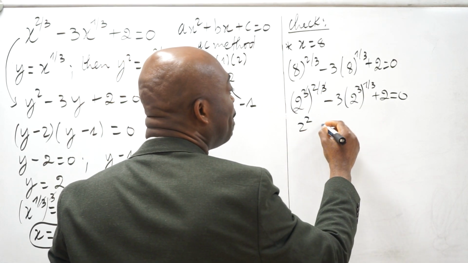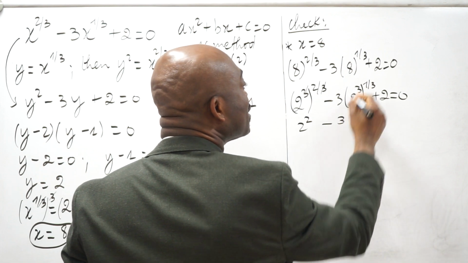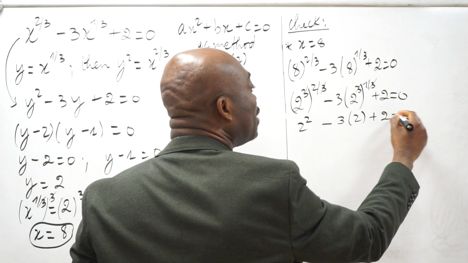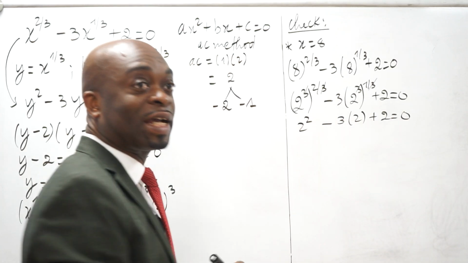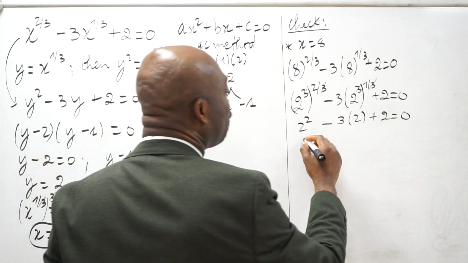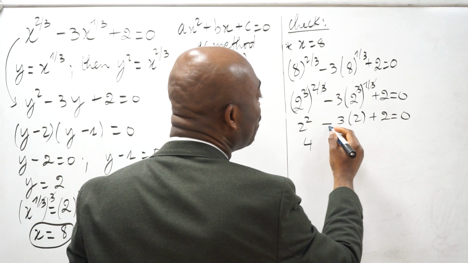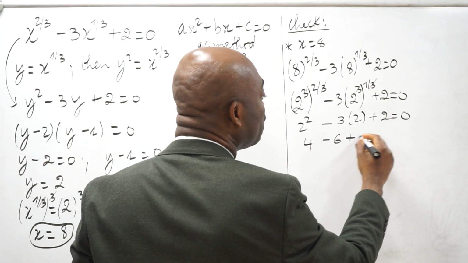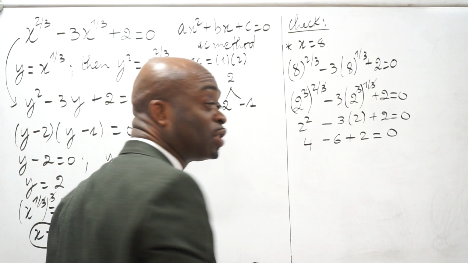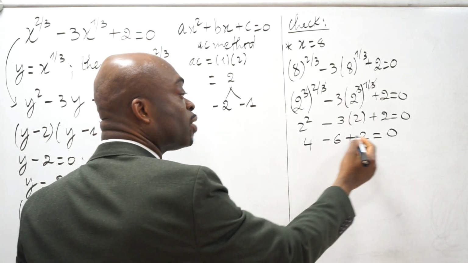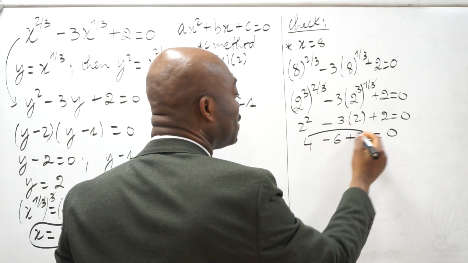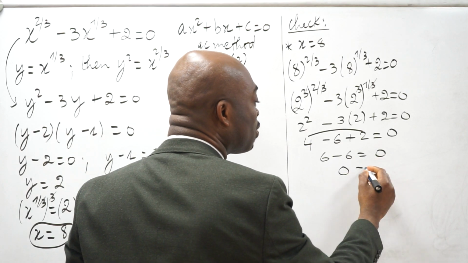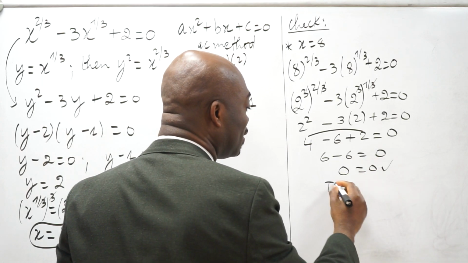Minus 3 here, the 3 is out, so this is just 3 times 2, then we add 2 to it. What is 2 to the 2nd power? It's 4, and here we have negative 3 times 2, which is negative 6, plus 2 should be equal to 0. We all know 4 plus 2 is equal to 6. So 6 minus 6 gives us 0. So 0 equals 0. This is a true statement.